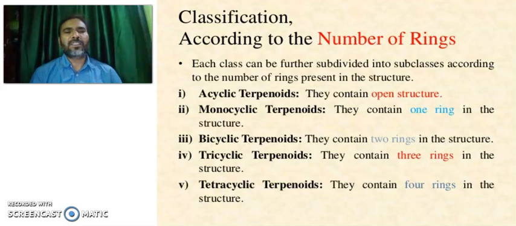Bicyclic terpenoids contain two rings. Tricyclic terpenoids contain three rings. Tetracyclic terpenoids contain four rings. So, on the basis of rings, you have the classifications: acyclic, monocyclic, bicyclic, tricyclic, and tetracyclic.